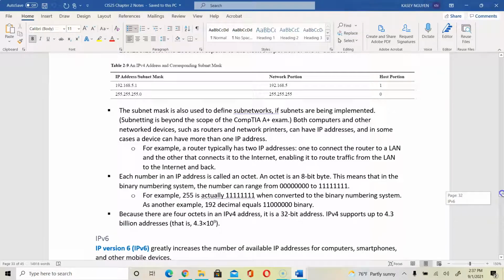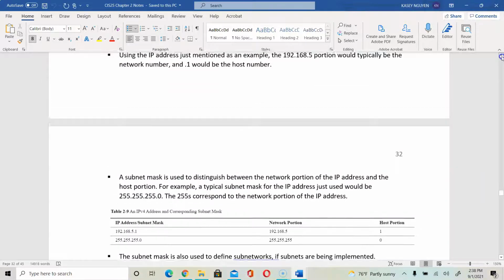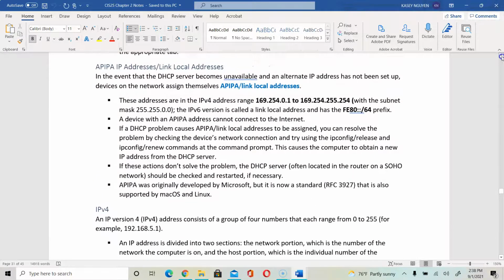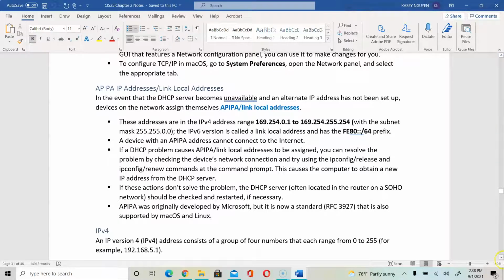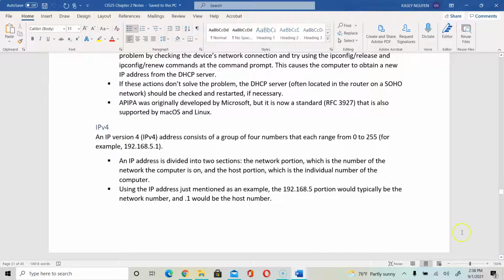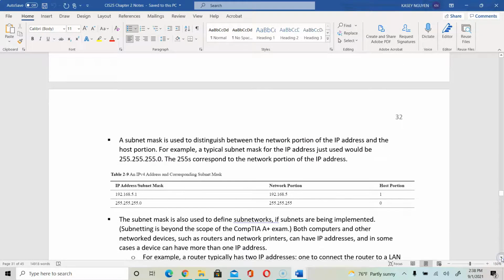And in class A, if your address starts with the lower number and with the 255.0.0 subnet mask, you would see that it is a class A address. So here in this section, you'll be able to find more, or you can also find this information online.